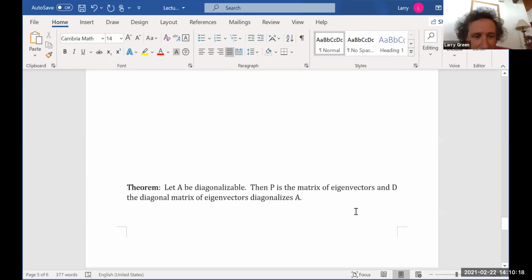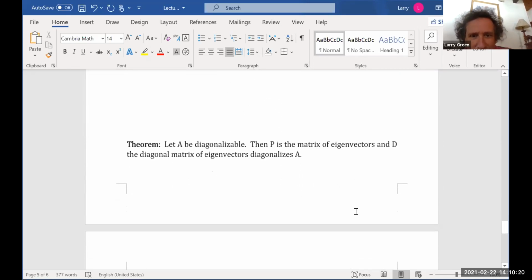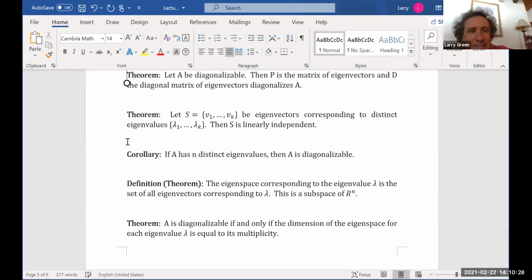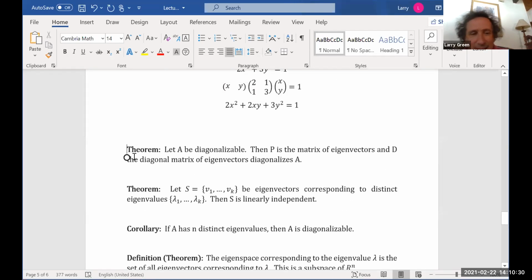Okay, so now let's move on to a big, huge theorem that tells you how to diagonalize a matrix. So if it is diagonalizable, how do you actually find that diagonalization? And here's the big theorem.